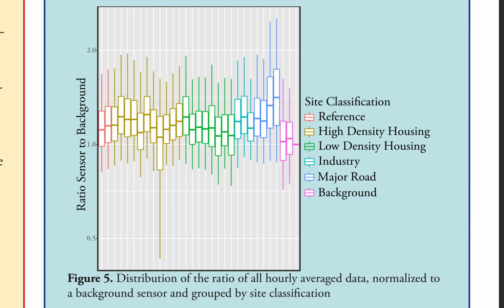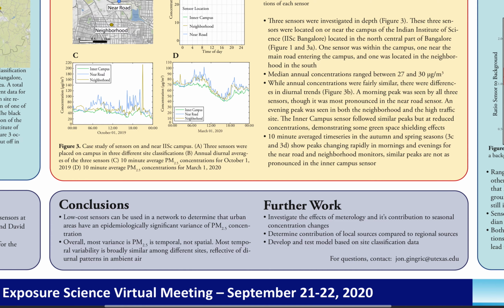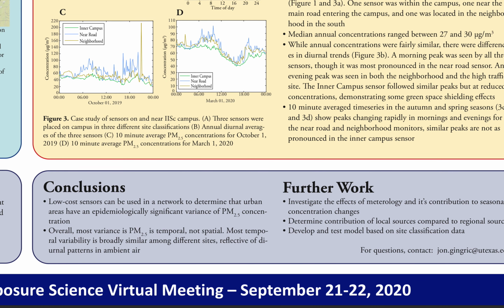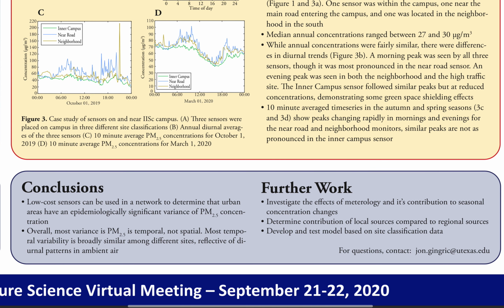So, through this study, we can conclude that low-cost sensors are a valid possibility for determining epidemiologically significant variances of PM2.5 in a moderately polluted urban area. Median concentrations in Bangalore over the year ranged by over 10 micrograms per cubic meter.